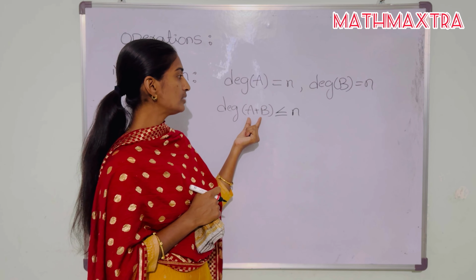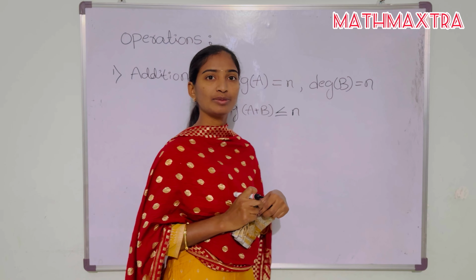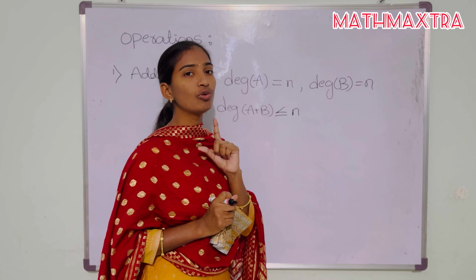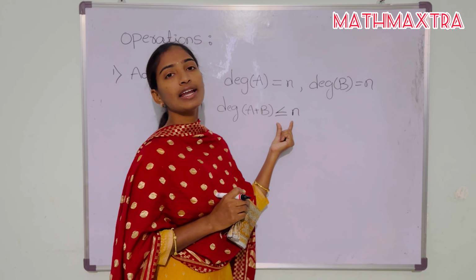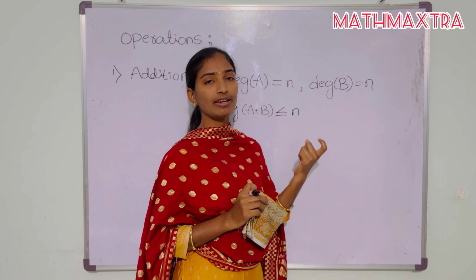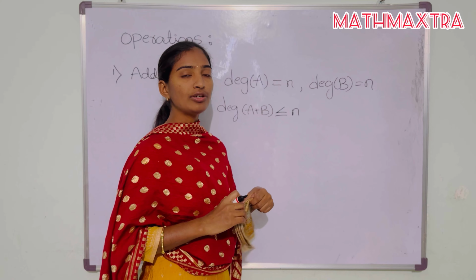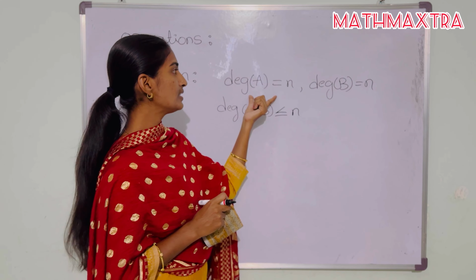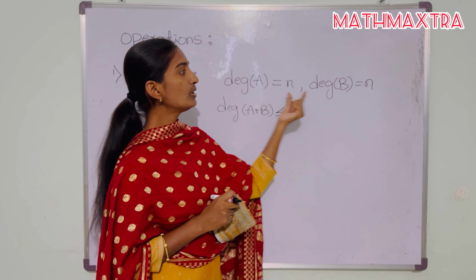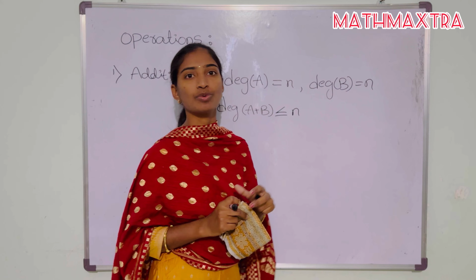So what should you answer? If one of the options is cannot be determined, then you should go for that. If it is less than or equal to 10 in the given options, then you go for that. So you try to think before you answer the question. This is the generalized form when you consider two same degree expressions.